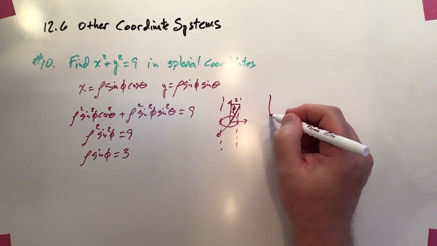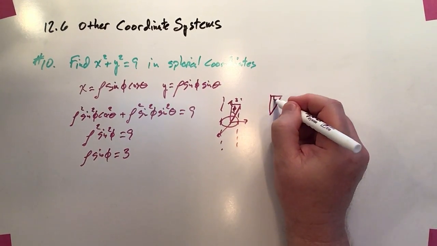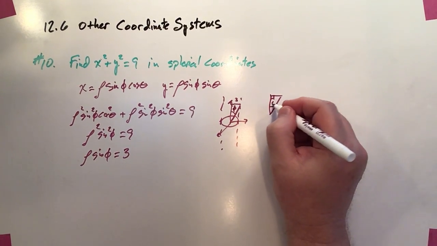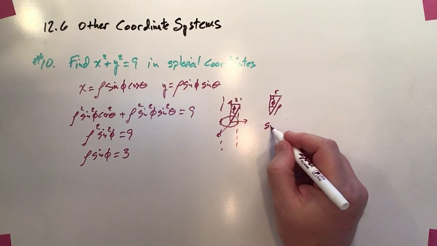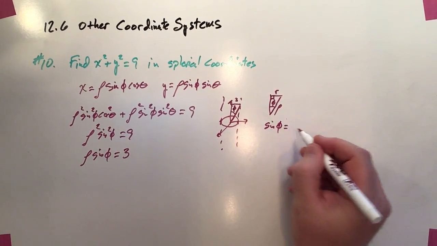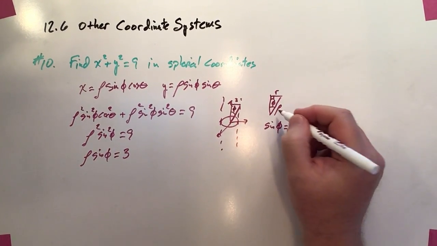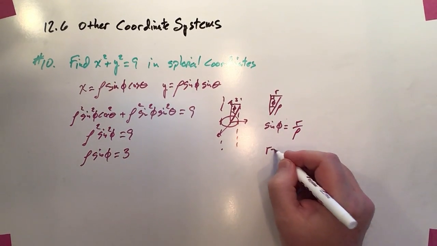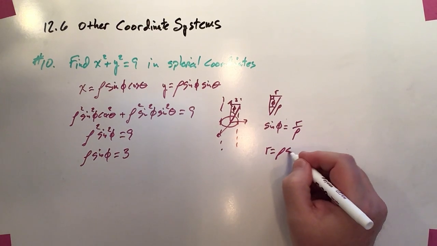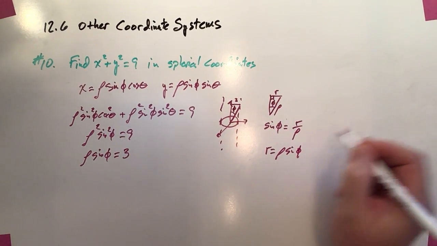And you notice in terms of right triangle trigonometry, we're pretty much guaranteed with this being a right angle, this being phi, and this being rho, that the sine of phi is equal to the opposite side over the hypotenuse, and that's r over rho, or r equals rho sine phi.